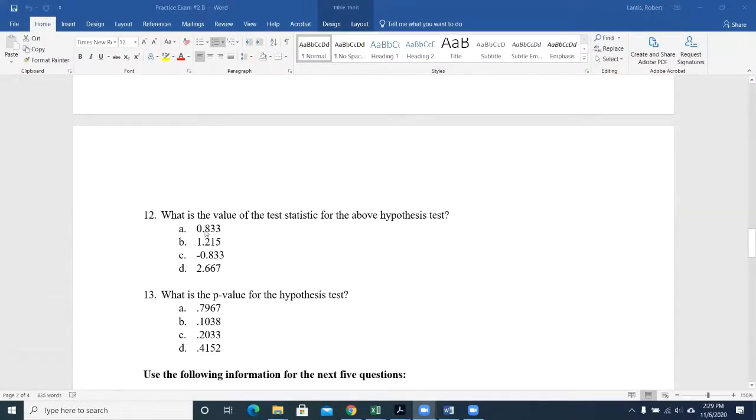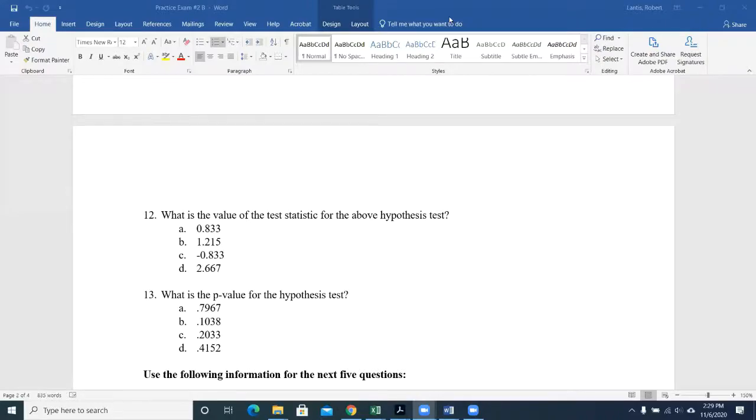I also might ask for a test statistic, and usually I would give you the test statistic you found and ask what's the p-value. Here, because we're working through it together, I don't have to give you a new assumed test statistic. We can use that 0.833.